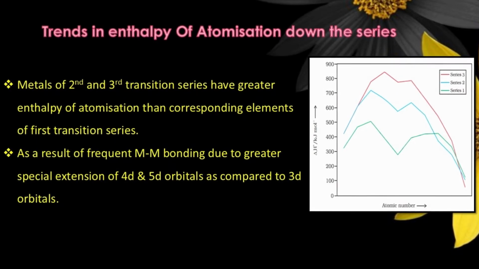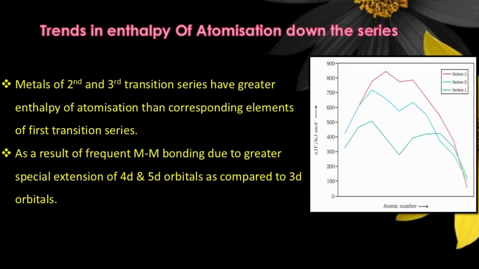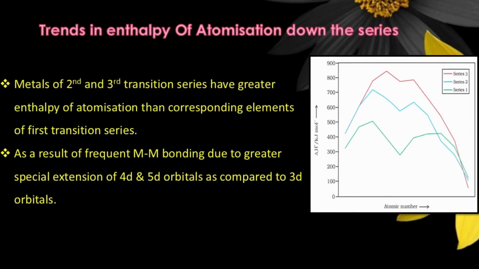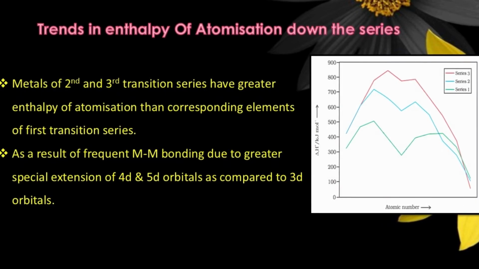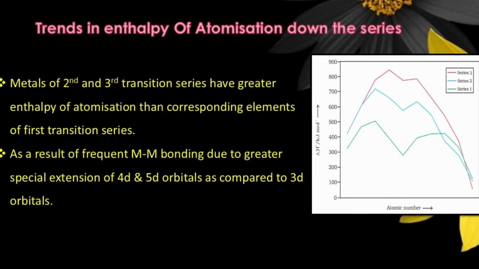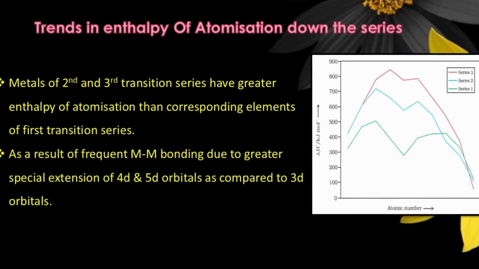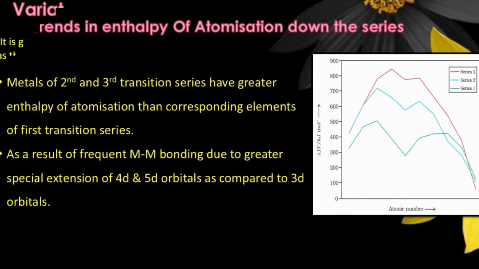This is because in 4D series and 5D series, you have the frequent metal-metal bonding formed. This is due to their greater spatial extension of 4D and 5D orbitals as compared to 3D orbitals.